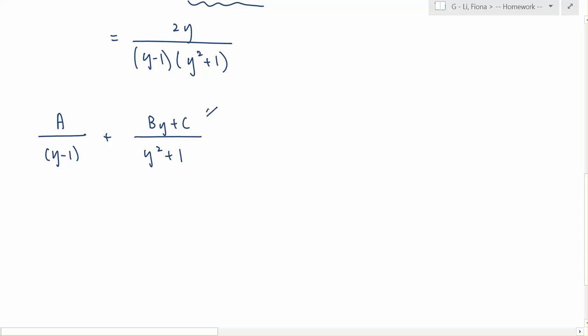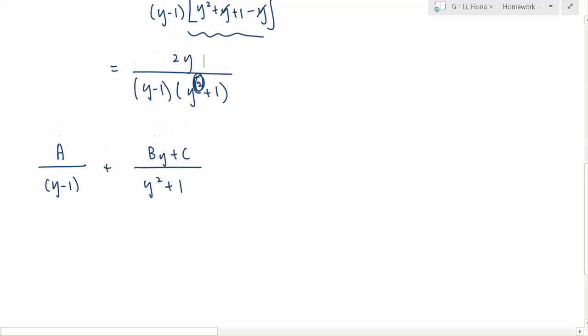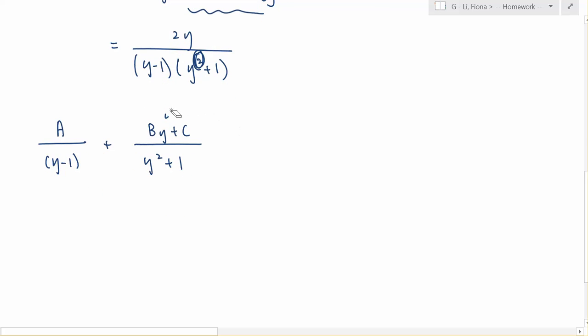So why is this in terms of By plus C but not just B? It is because there is a second power over here, and so in order to be able to integrate it eventually, we have to add a y in the numerator to make our life easier and to make this work out.